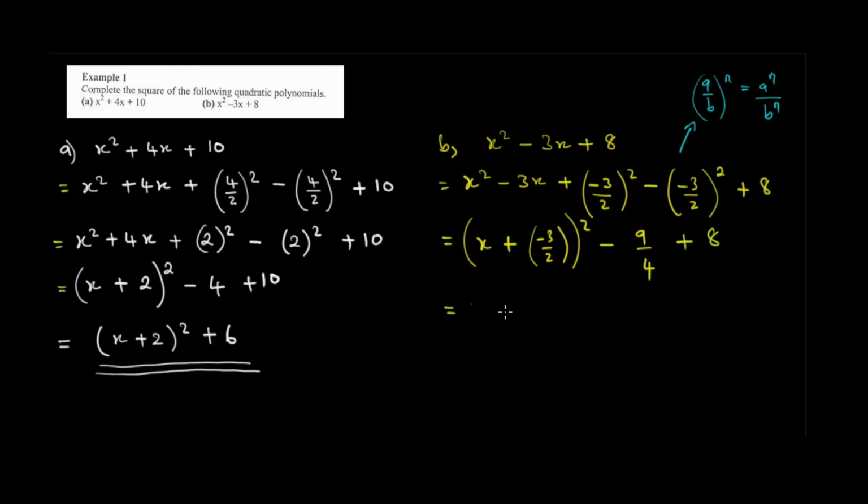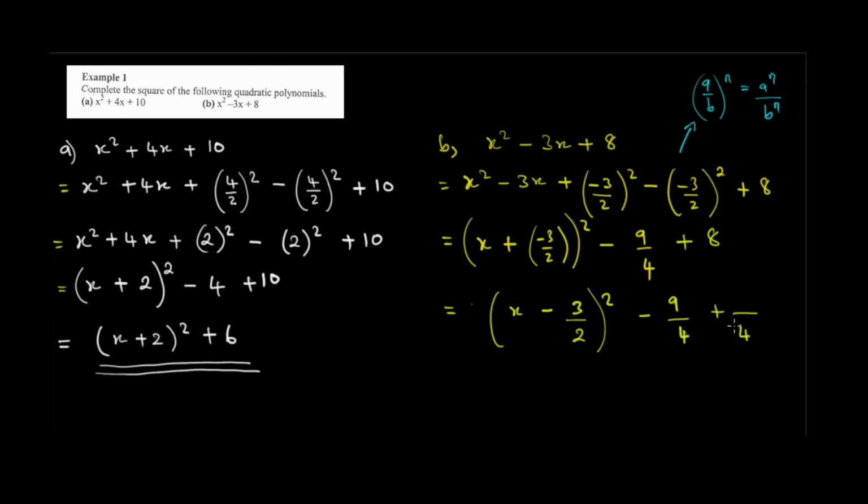So this is then equal to x, then plus and minus meeting gives minus, so it's x minus 3 over 2 squared, then minus 9 over 4, and then plus 8. We can express 8 with 4 as the base. 4 times what gives 8?